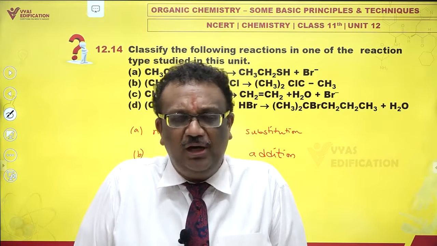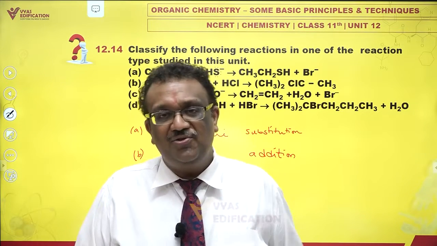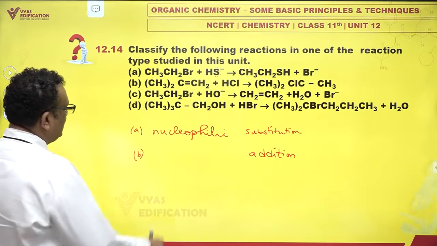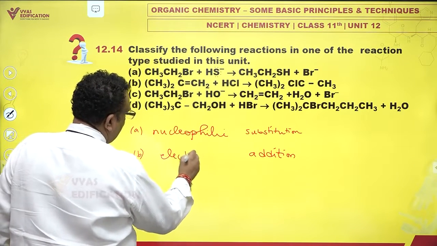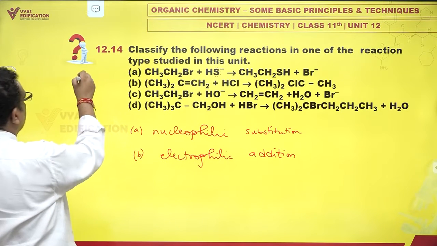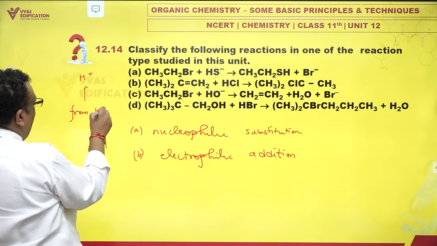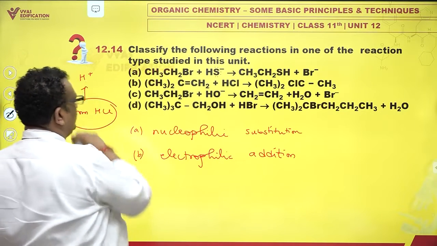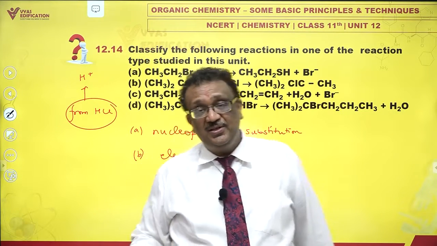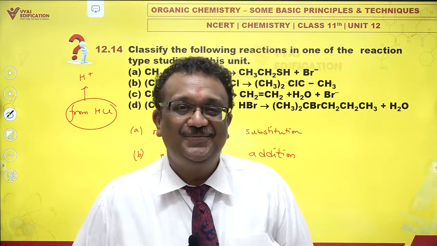Is it electron rich or electron deficient? Of course, H+ is always electron deficient. It is plus, right? So it is electrophilic addition. H+ is obtained from any acid. You have HCl, H2SO4, any acid. H+ is an electrophile. So you have electrophilic addition.